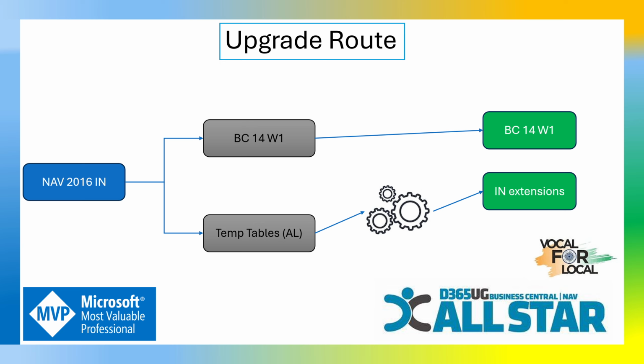There is an upgrade routine written which moves the data from CAL to NAL, and once that is over, the BC14 W1 comes as it is, and then in Business Central 14 there is a step which transfers this data from the temp tables in AL to an IN extension, or not one IN extension, multiple IN extensions.